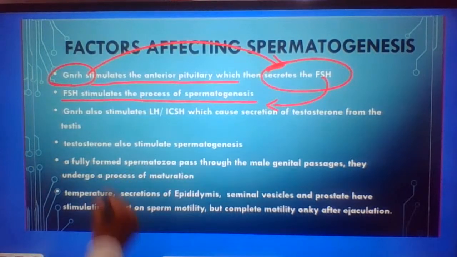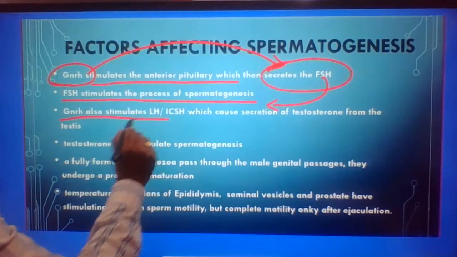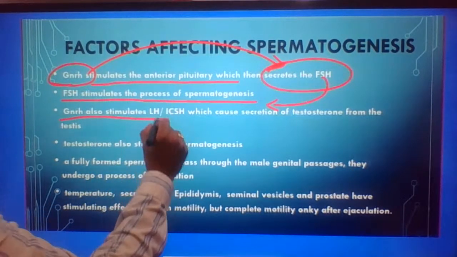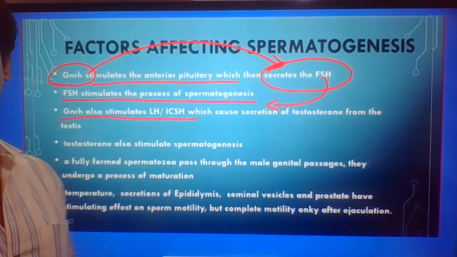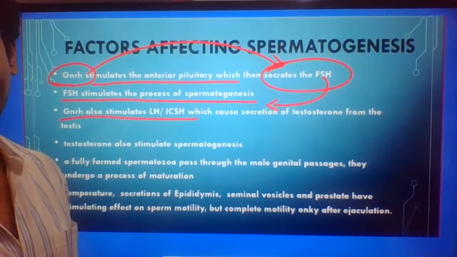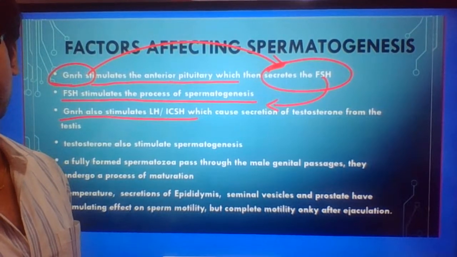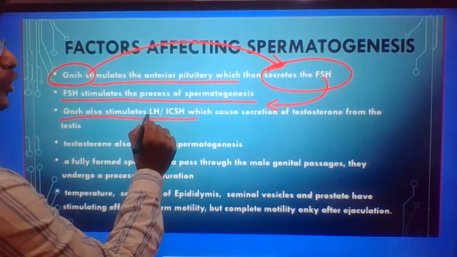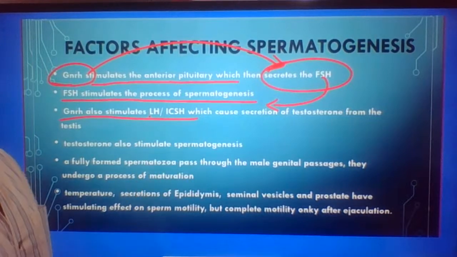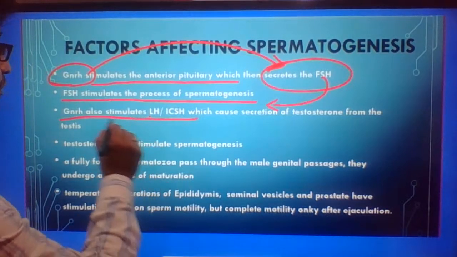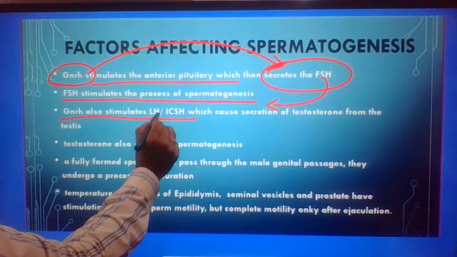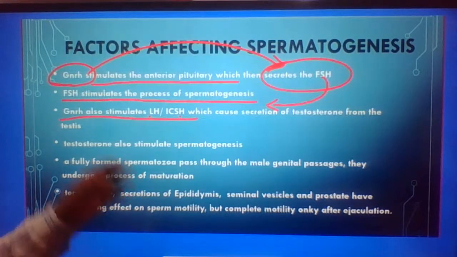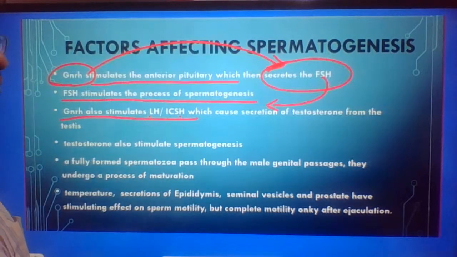This is one factor. Second, GnRH also stimulates luteinizing hormone, which we also call ICSH, interstitial cell stimulating hormone. GnRH stimulates LH and FSH, which causes secretion of testosterone from the testes.